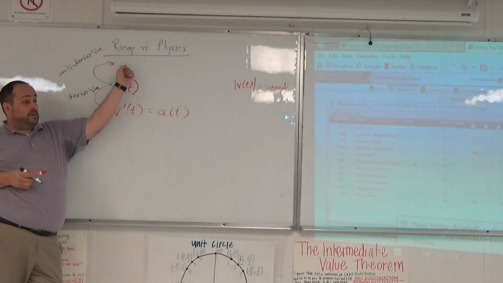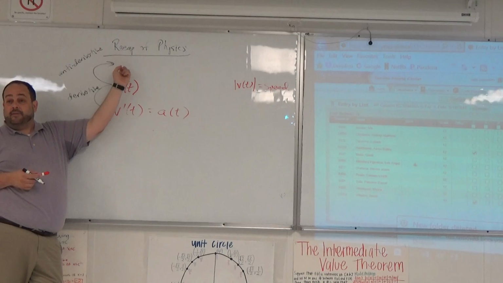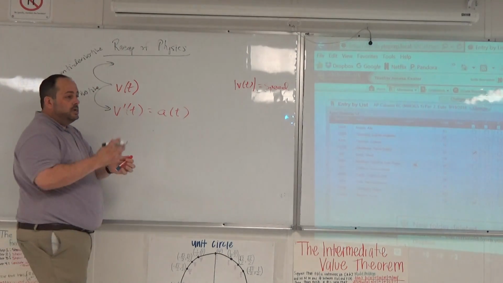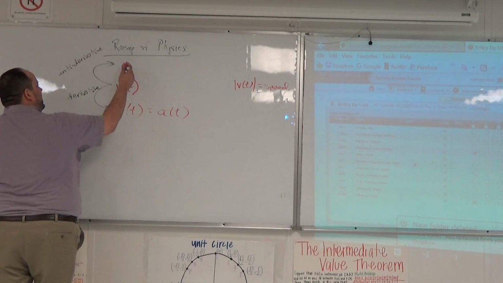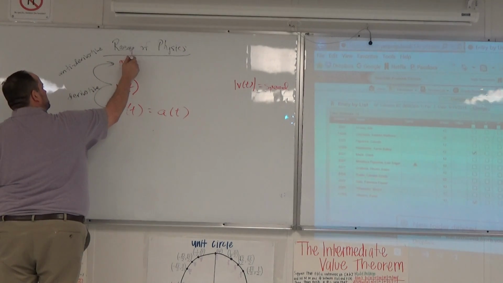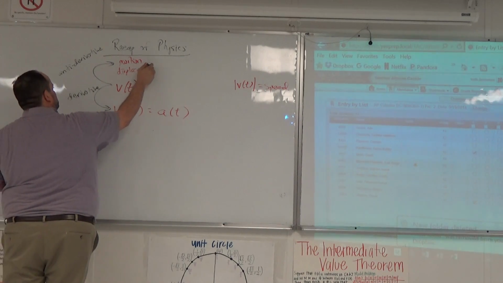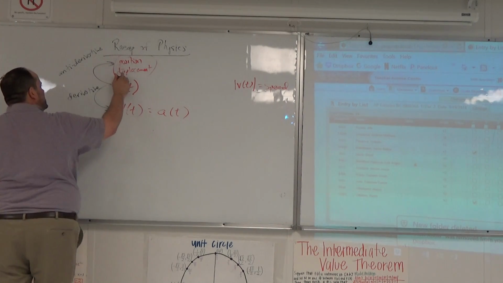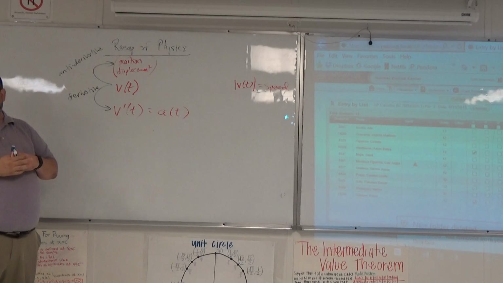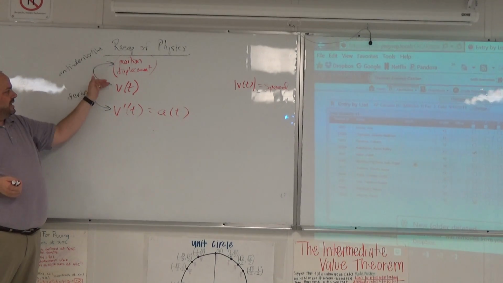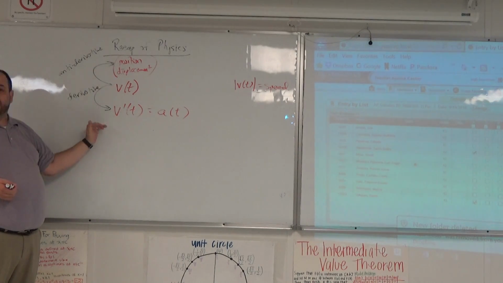So this would have to be meters. So what would you measure in meters? Position, displacement. I'll go with either one of those. Those are not really equal to each other, but in the world of calculus, I'm going to say they're on the same level. If I take the derivative of position, I get to velocity. If I take the derivative of velocity, I get to acceleration.